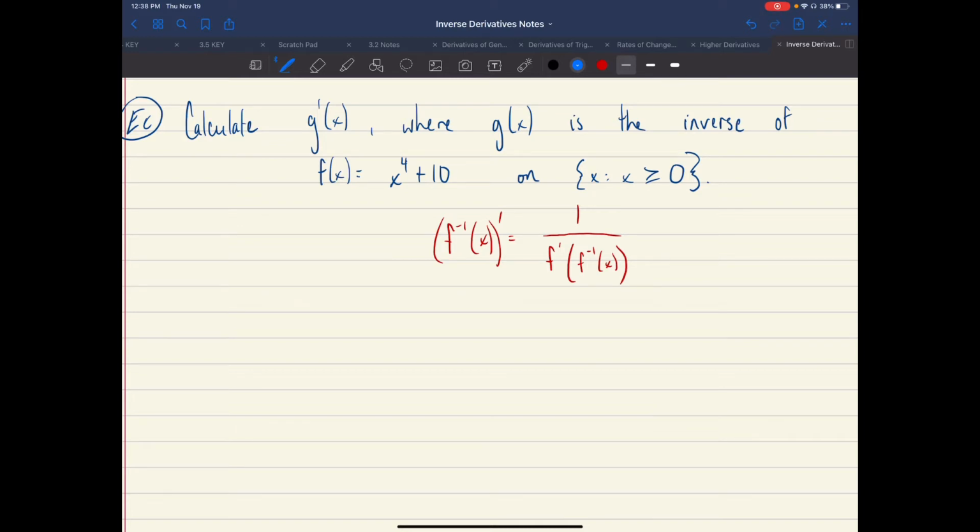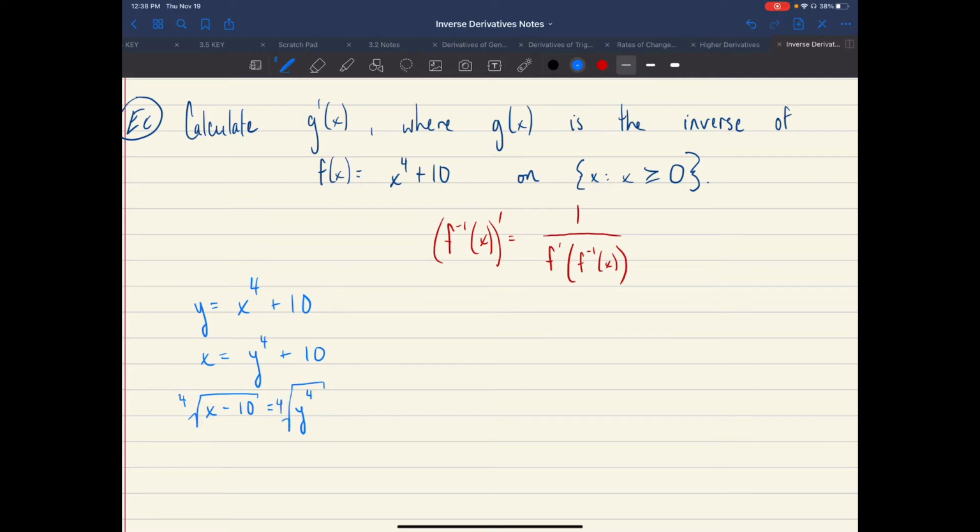Let's find the inverse first. This is just review from pre-calculus. x to the 4th plus 10 is our function. We swap f of x with y, and then we swap y and x, and then we solve for y. So x minus 10 equals y to the 4th, and then you take the 4th root.